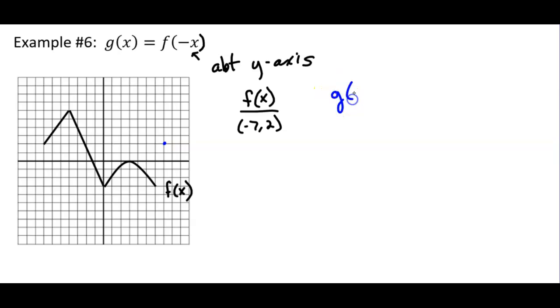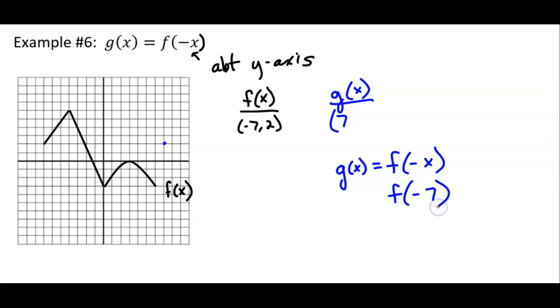In g of x, I have to plug in a +7, because then g of x is equal to f of the opposite of x, right? So when I put in a +7 for x, I'm doing the opposite of 7, which is -7, and now I know that f of -7 is 2. So I get that point there, okay?